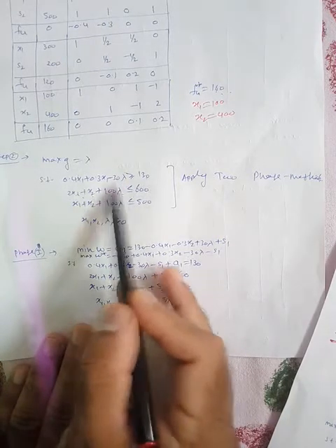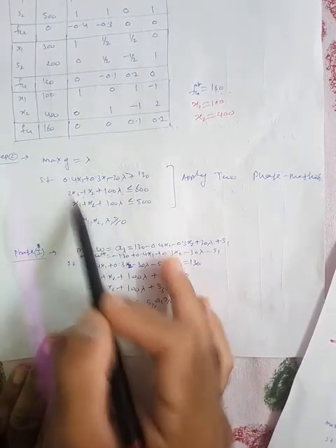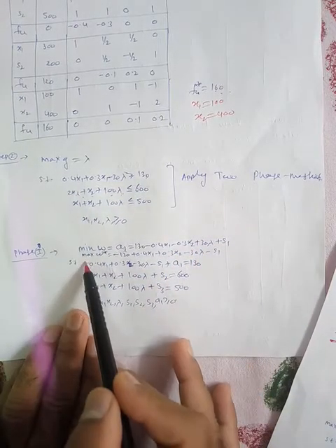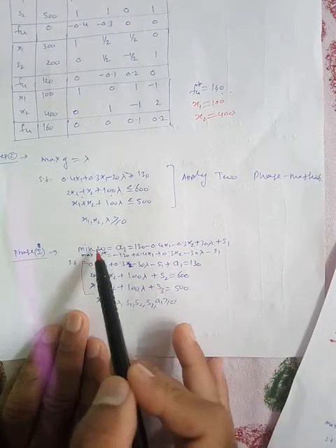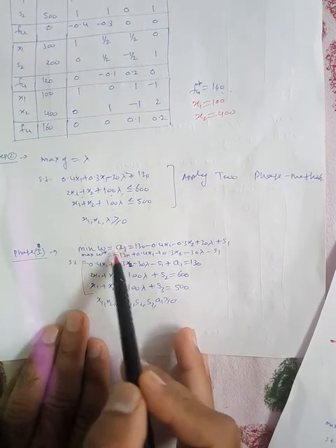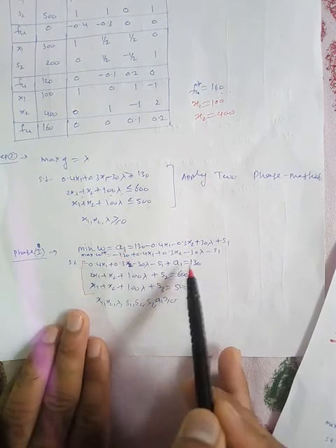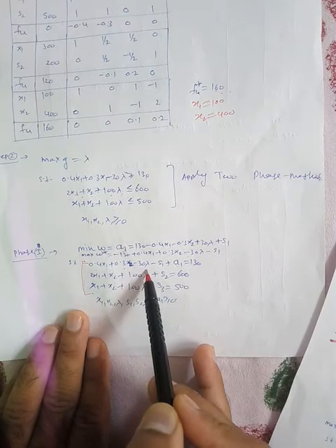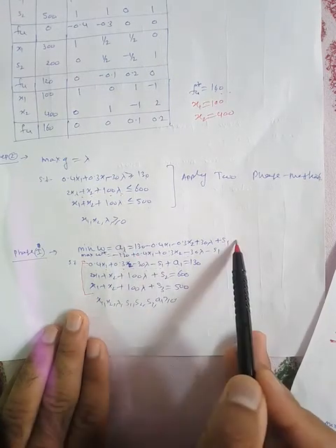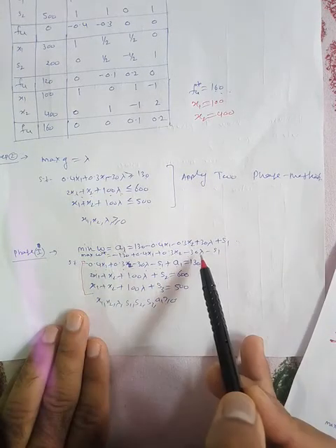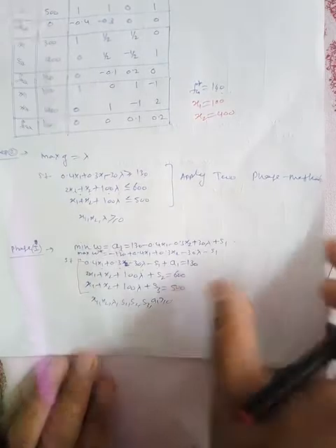First write down these constraints in equality form by using slack, surplus and artificial variables. The objective function will be minimum W is A1, which is 130 minus 0.4 x1 minus 0.3 x2 plus 30 lambda plus s1. Then convert the problem into a maximum one by multiplying by a minus sign, so we get this equation.